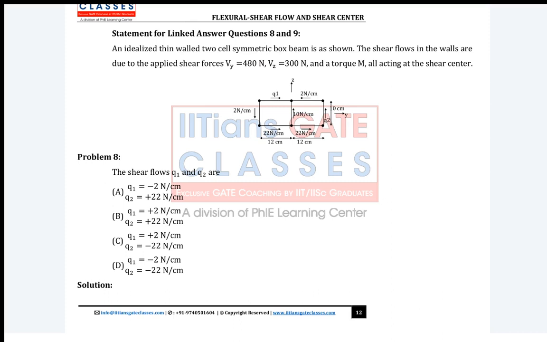You take this q2. What is the length? 12. It is going in the positive y direction, plus. Then again q2, length 12. Then this q2 is going in the negative y direction, so it is minus q2 into 12. Then this q1 is going in the positive direction, so plus q1 into 12.